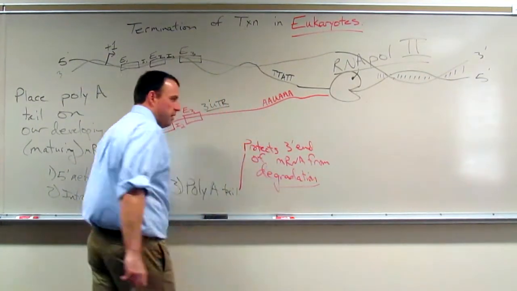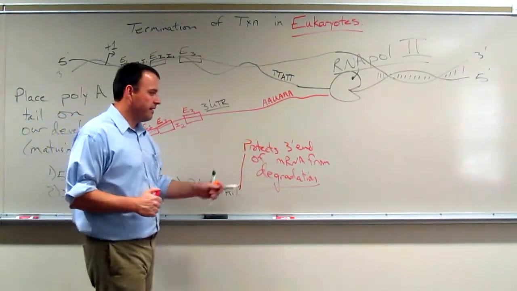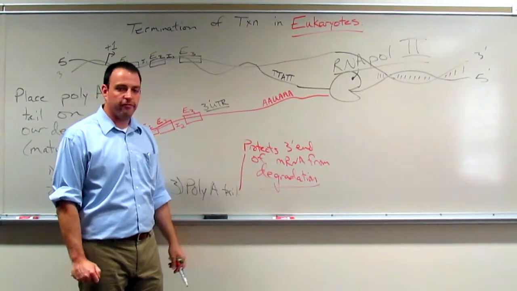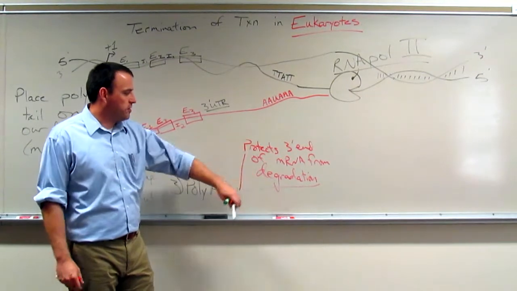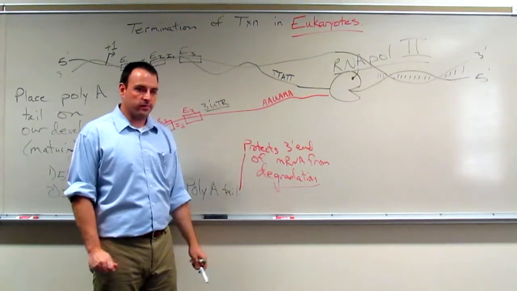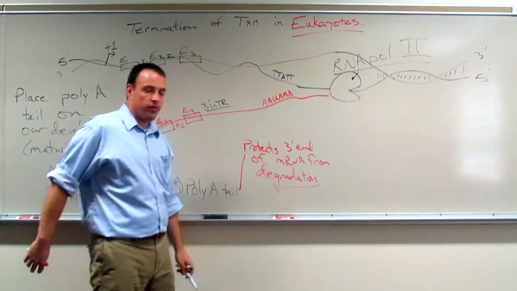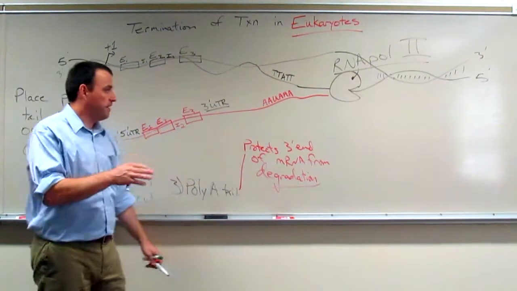Why does it do that? Well, mRNAs look a lot like a viral genome. A lot like it's just a naked, single-stranded mRNA floating around that looks a lot like viral genomes look. So we want to make sure that our mRNAs are protected from degradation. We're going to do that by jacking 200, 300 A residues onto the end of it.